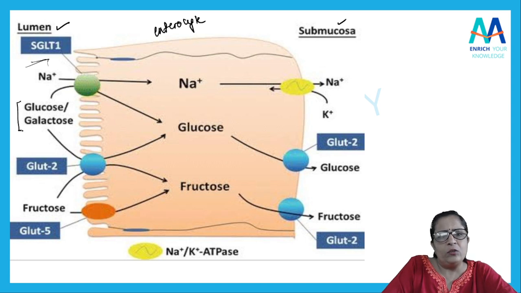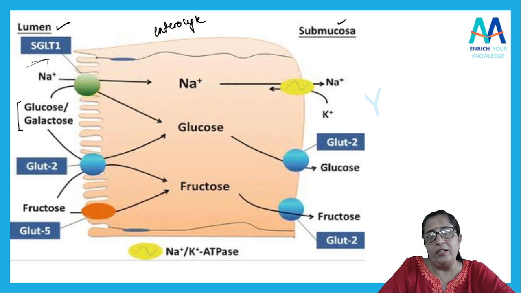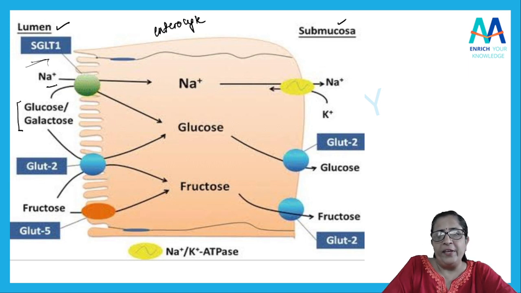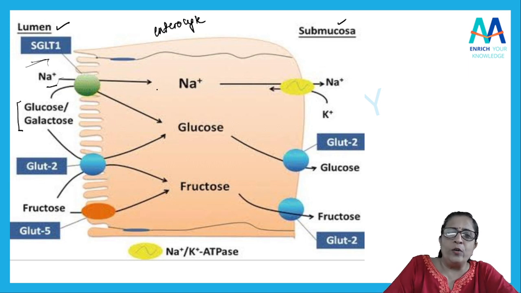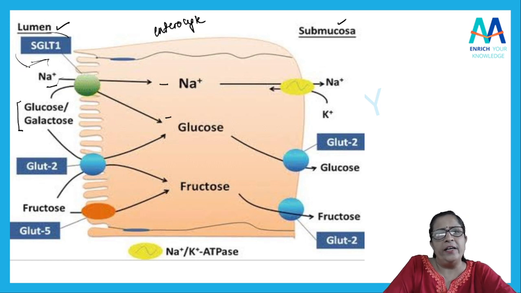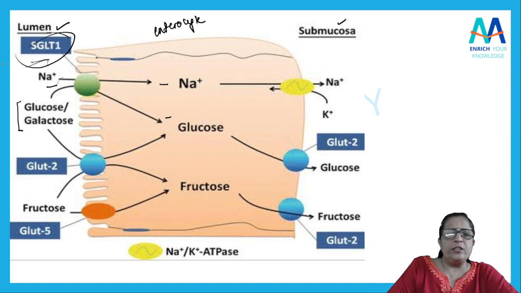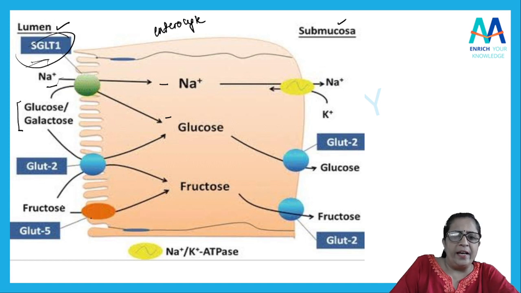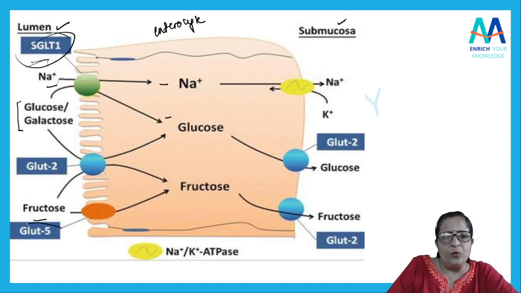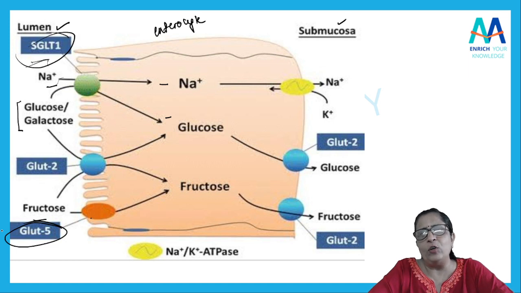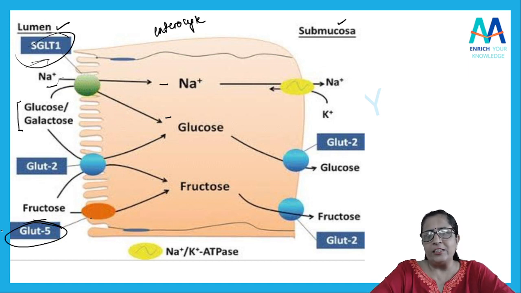It is helping to absorb glucose and galactose along with sodium. Yes, it is a symporter. So sodium and glucose, galactose are coming inside the cell through SGLT1. Similarly, fructose is coming inside the cell through the transporter called GLUT5, glucose transporter 5. Got it? Understood till here?